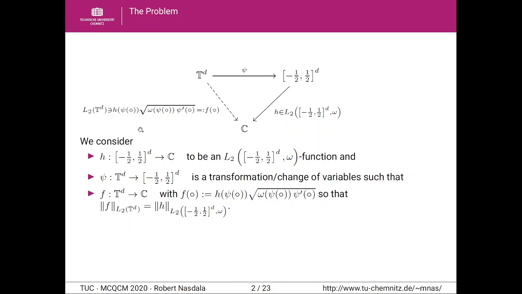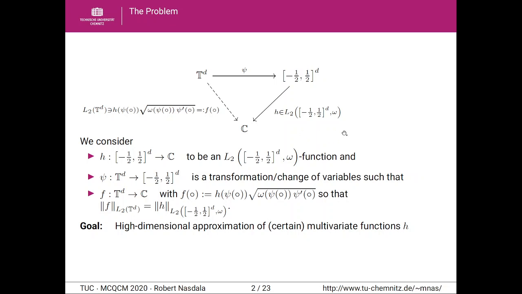And the construction is such that the L2 norm of the periodized function is equal to the weighted L2 norm of our initial test function h. And the ultimate goal, as I told before, is to approximate such possibly non-periodic functions on the d-dimensional cube.